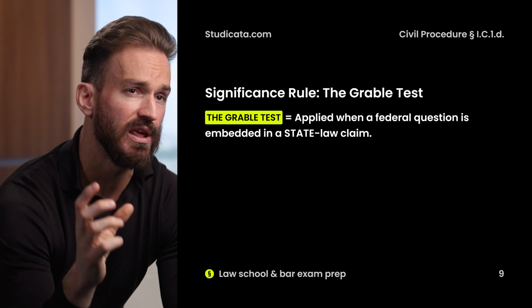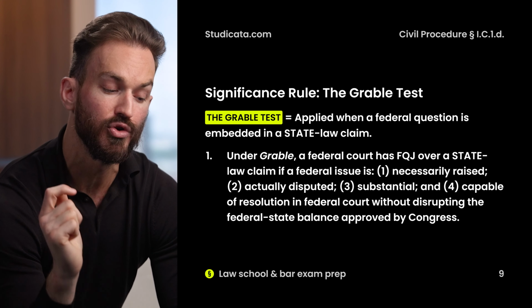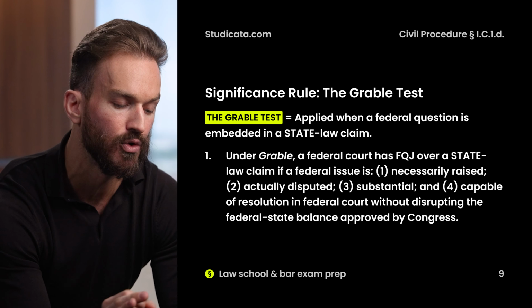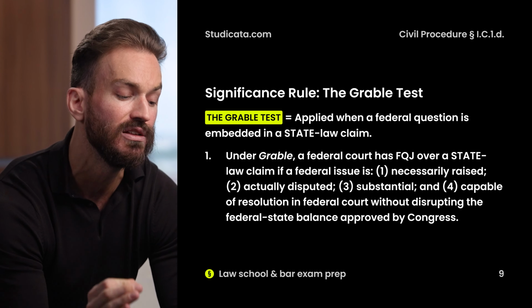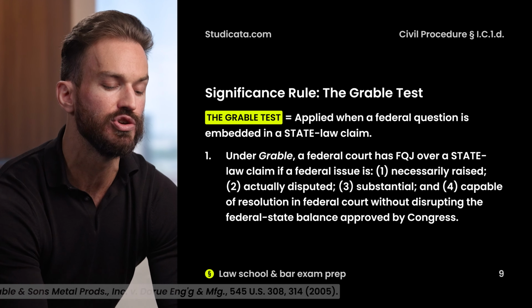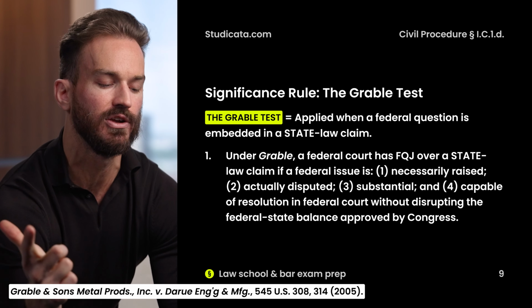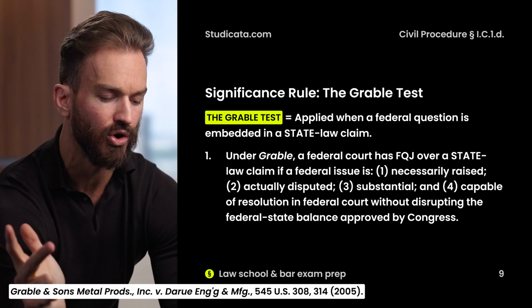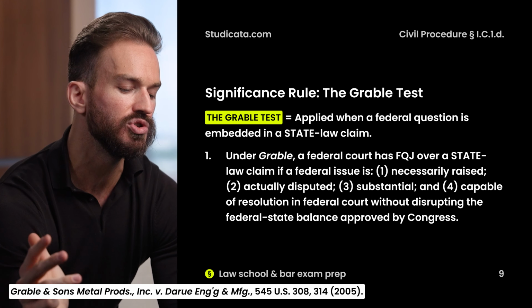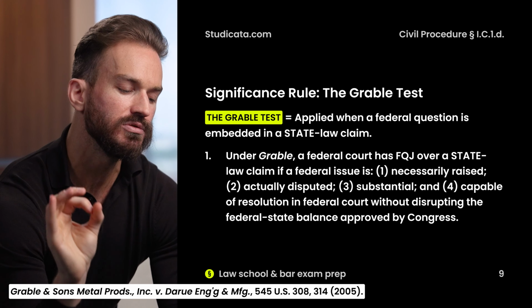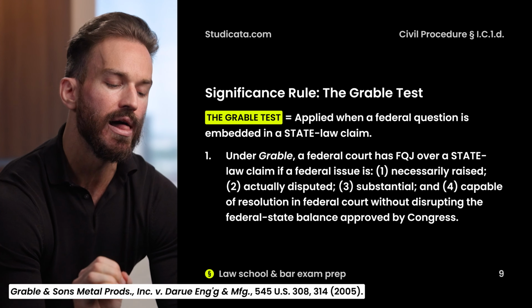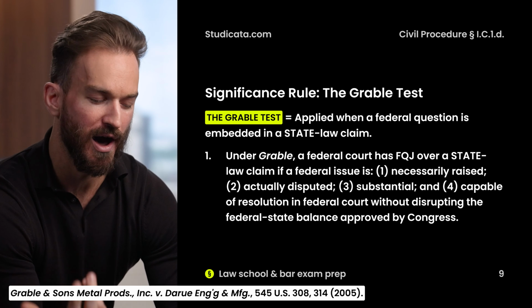If this is what's happening, we have the Grable test. Under Grable, a federal court has federal question jurisdiction over a state law claim if a federal issue is necessarily raised, actually disputed, substantial, and capable of resolution in federal court without disrupting the federal-state balance approved by Congress.